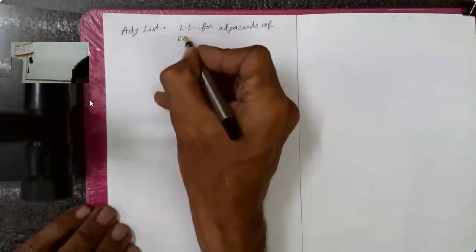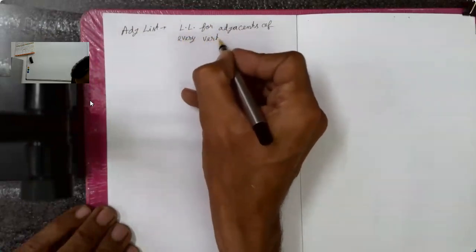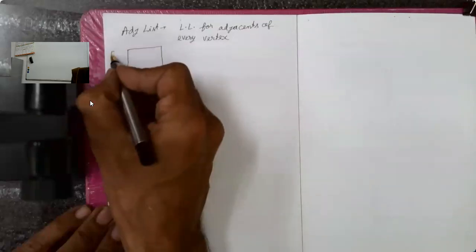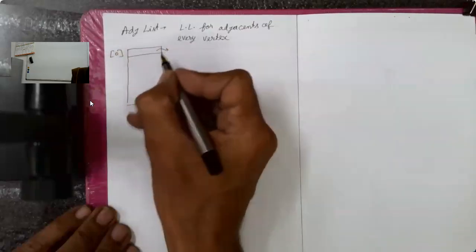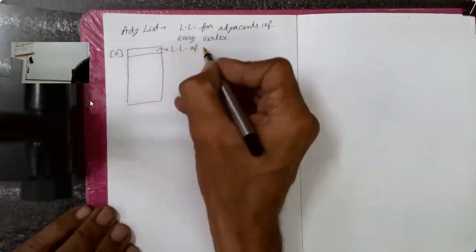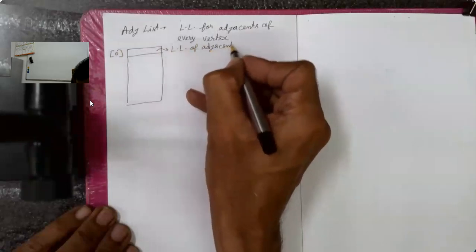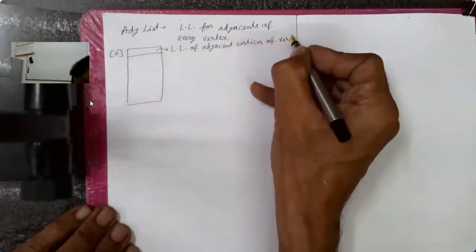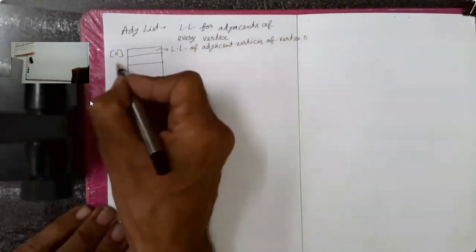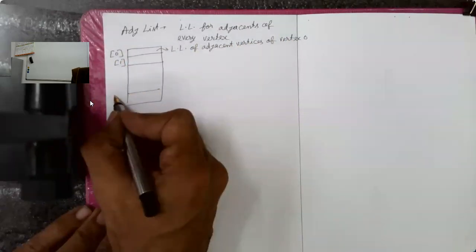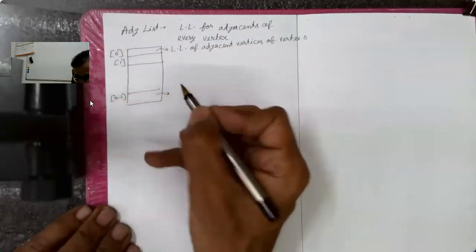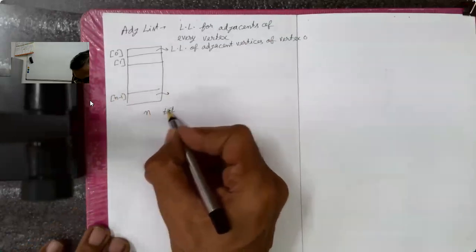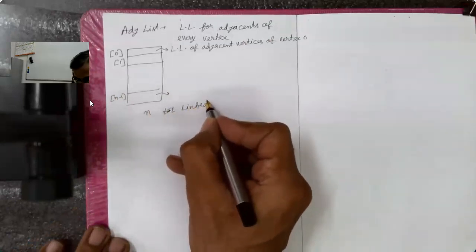Effectively, that means I will have an array of pointers, for vertex 0 this is one linked list, a linked list of adjacent nodes or adjacent vertices of vertex 0. And similarly for vertex 1, similarly for vertex n minus 1. So effectively n linked lists are being maintained.